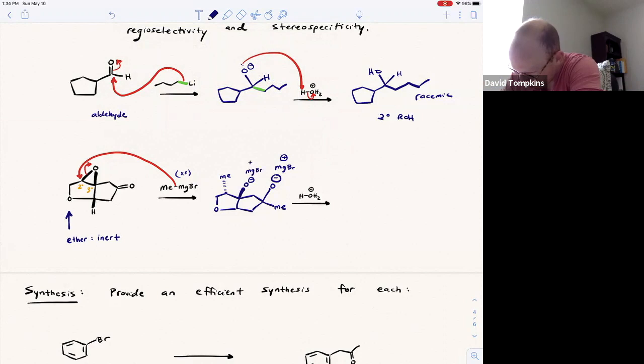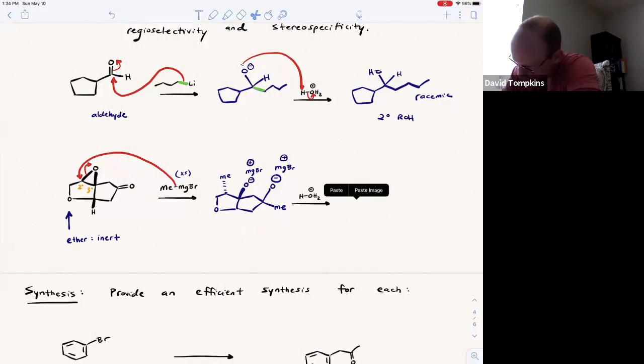Anytime I draw an anion, there's always a cation that's closely associated nearby. However, after the acid workup, now we are going to simply protonate both alkoxides to make two tertiary alcohols.